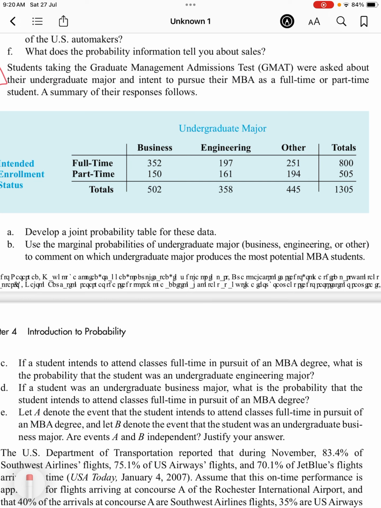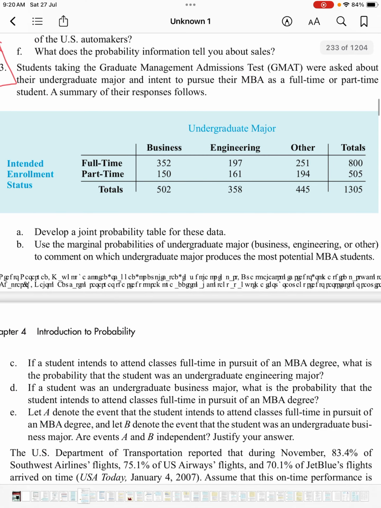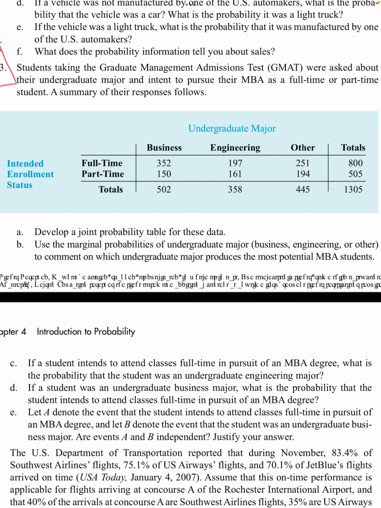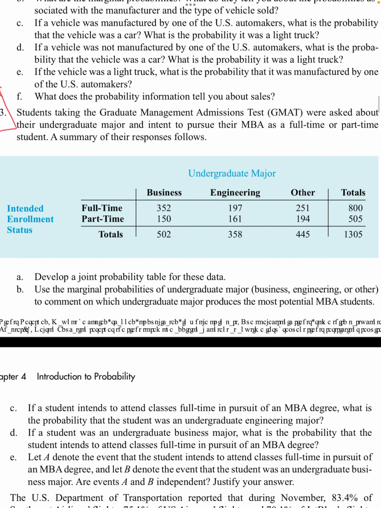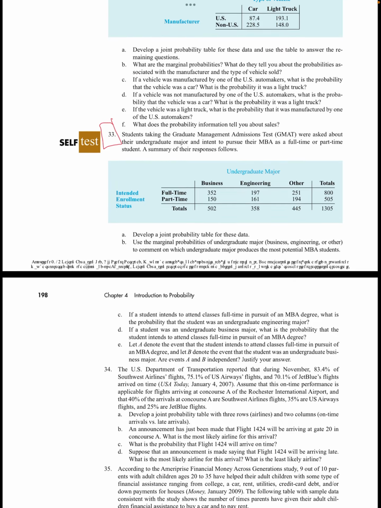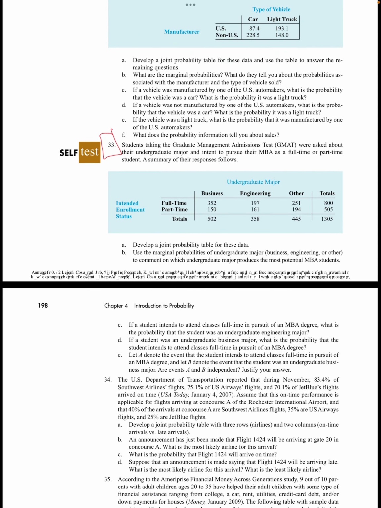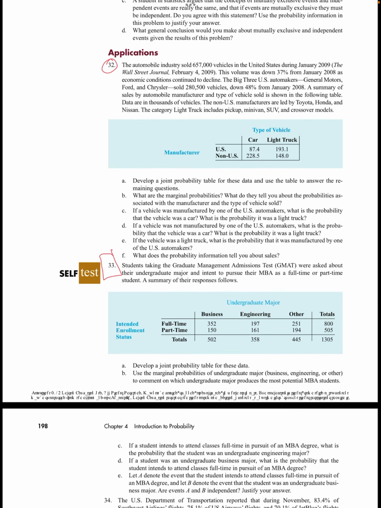But in order to develop a joint probability table, you must write the probabilities inside it. Here you have business, engineering, and others.